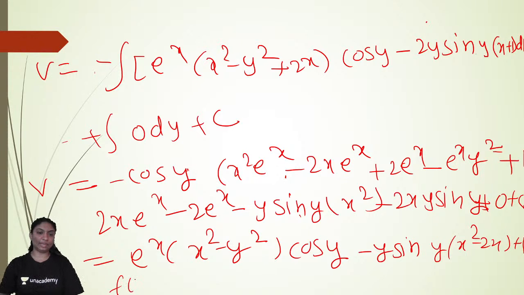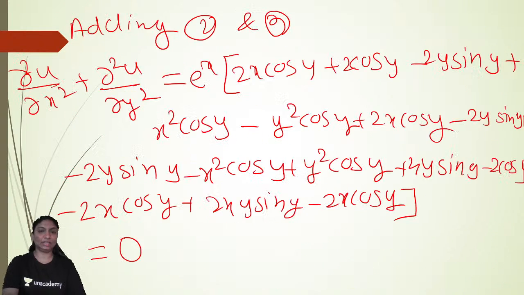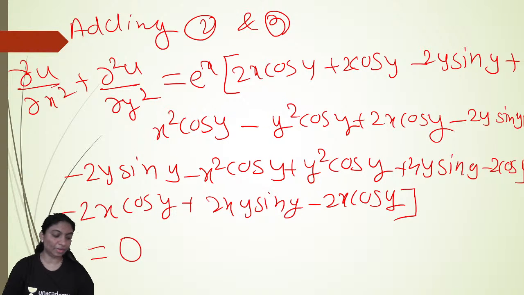So your f of z becomes, here, f of z is equal to, so v is equal to e raised to z into z square y0 cos 0 is 1, so this will become y0, so obviously this is 0, so your v is equal to e raised to z into z square plus c. Okay, now see, a little bit here, integration is a derivative, so you have to understand and do it here. So what is integration, what is derivative, you have to apply the u into v rule here.